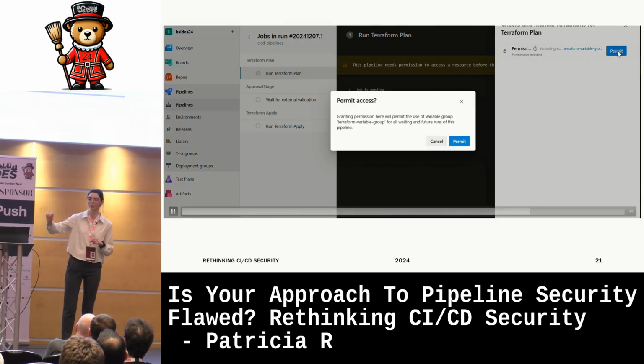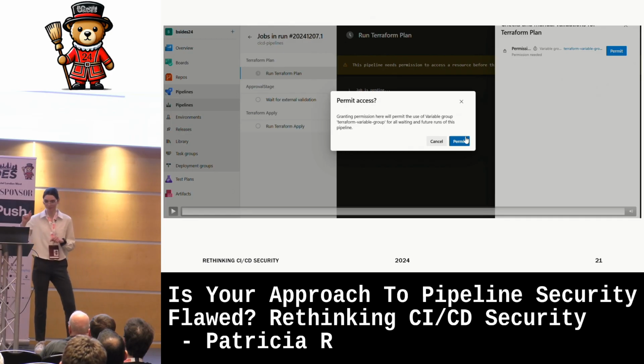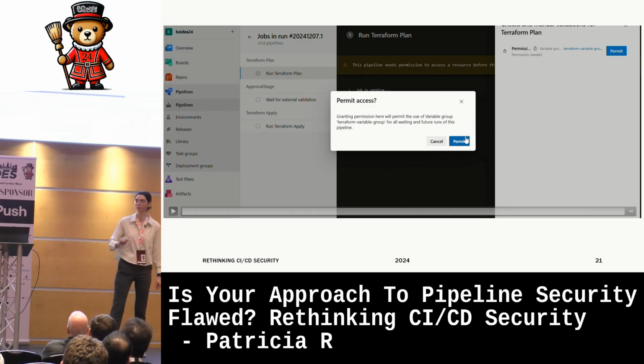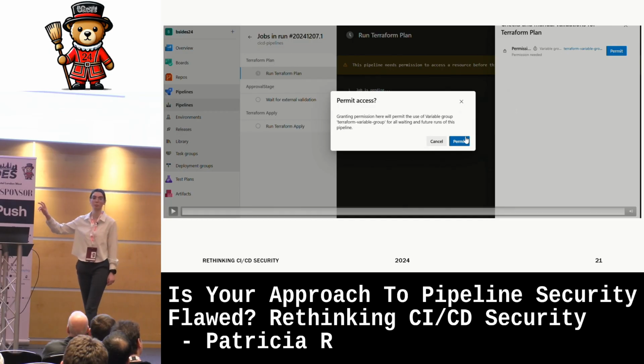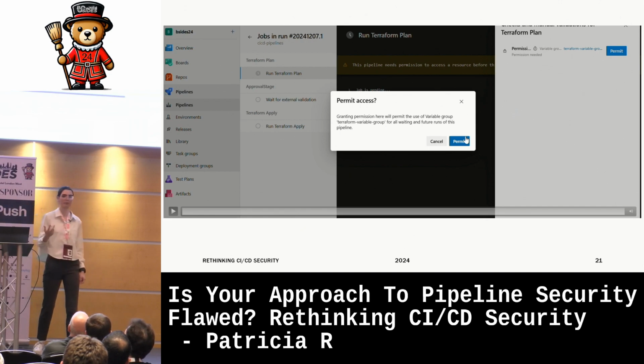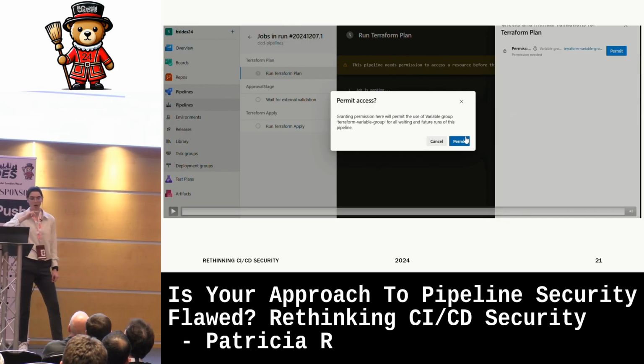And I stopped at a very strategic point here in the video, because what it says, I don't know if you can read it, but ADO does let us know that once you allow access to this resource, this variable group that has some username and some credential to an identity that I really care about, my prod environment, for example, all the pipelines from then on will have access to that resource.